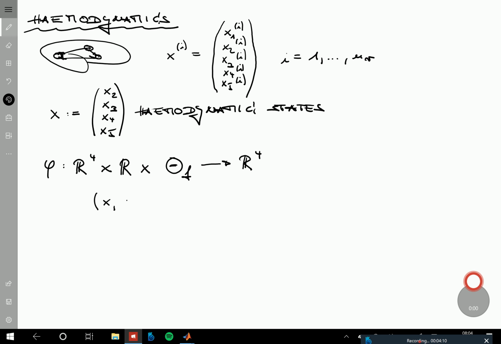Spelling that out, our x, which now contains x2, x3, x4, x5, x1, which is the neural state of the ith region, so don't get confused, it's only of the ith region that feeds into the hemodynamics of the ith region, and some parameters theta f, which I denote by 2 because these are not the ones that affect the neural evolution, but the hemodynamic evolution. Anyway, it's just some additional index.